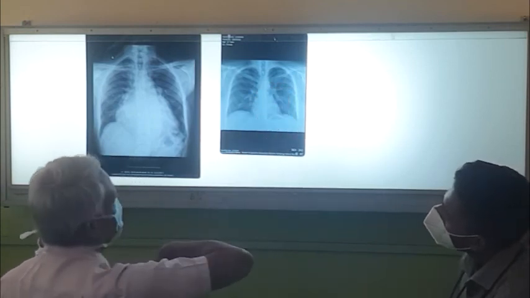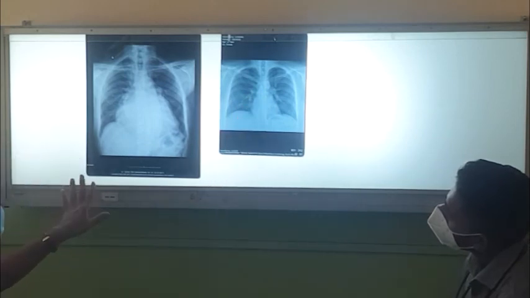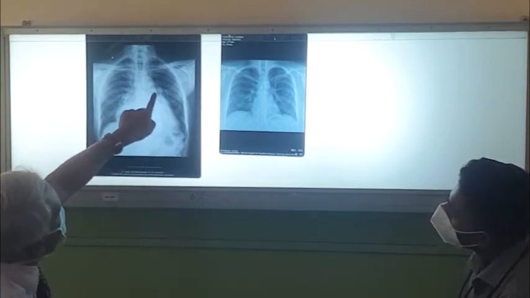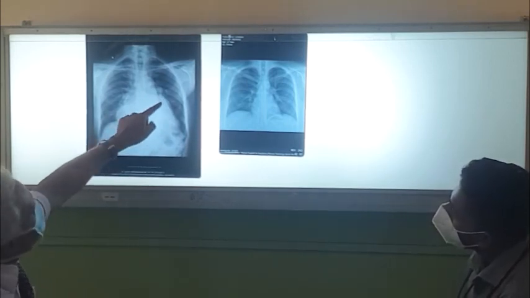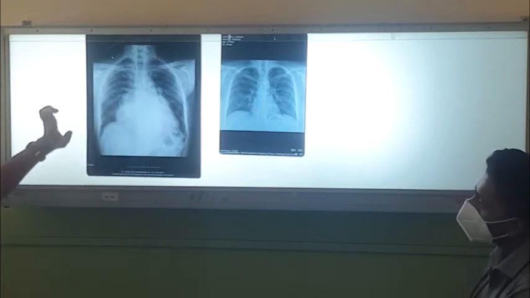This is the left ventricle, right? And these are pulmonary arteries. Here, what has happened is, this is the left ventricle, but there is another bulge here. This is the dilated atrial appendage, right?